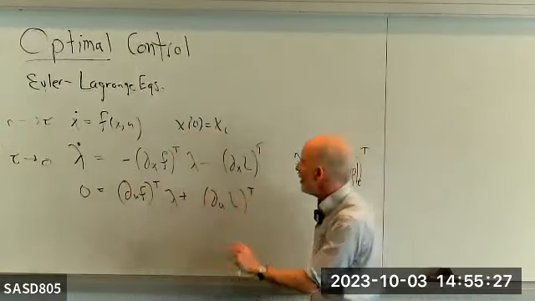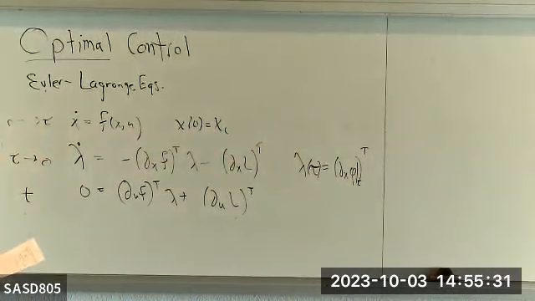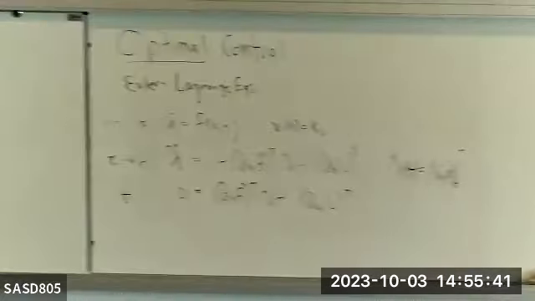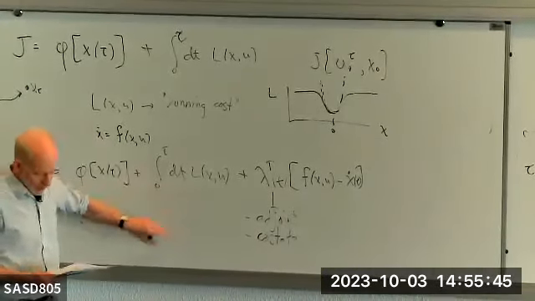This is just a static equation which is holding at time t. Okay, so we have three sets of equations to worry about. In a couple minutes, we'll clean them up a little bit to look a little nicer, but I wanted to start with just what you would get directly by doing the variational calculus here.